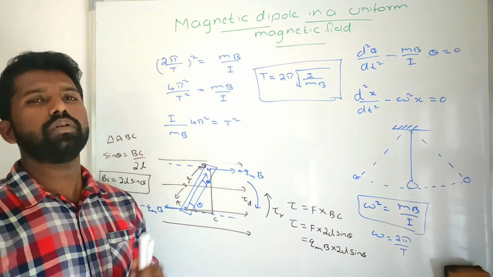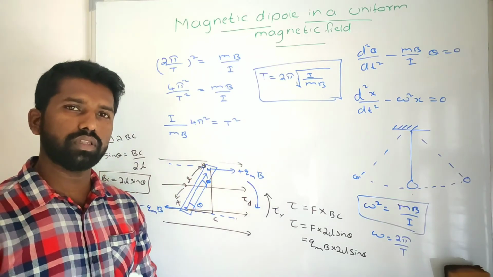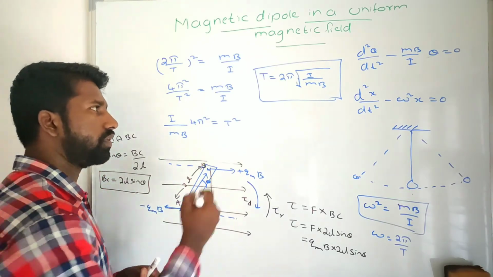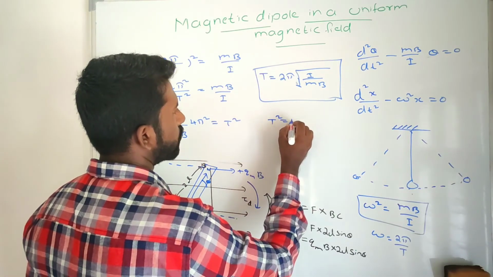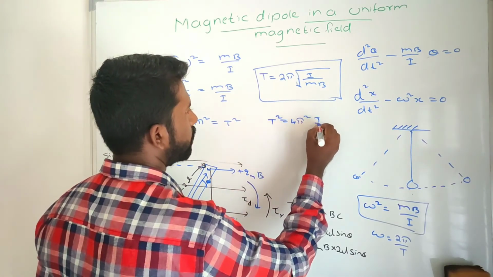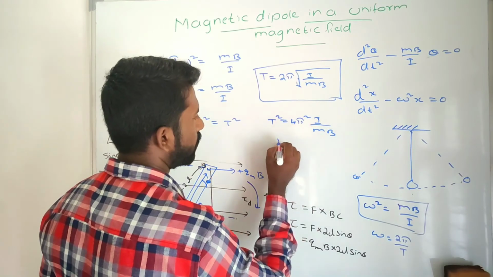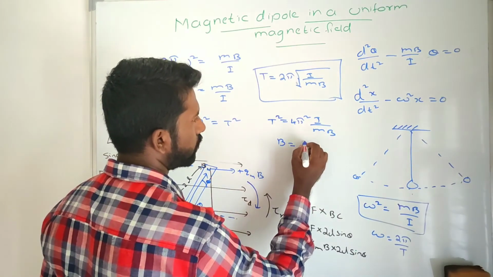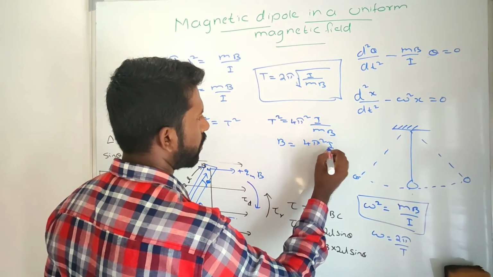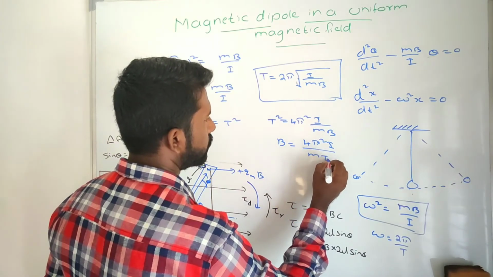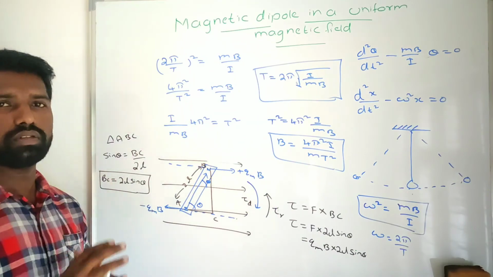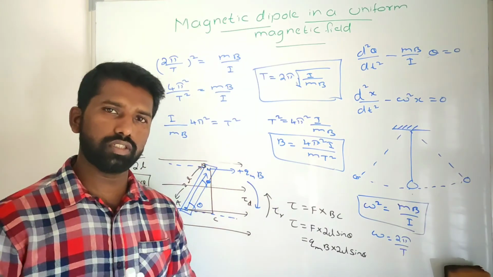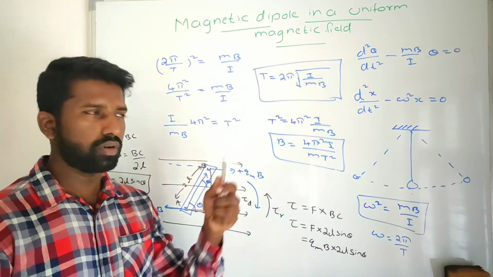By using this formula, you can also find out an unknown magnetic field. You see this, if you square on both sides, T square is equal to 4 pi square I by mB. From this, what about B? B is equal to 4 pi square I by m T square. So if you want to find out the magnetic field in a particular region, place a magnetic dipole.